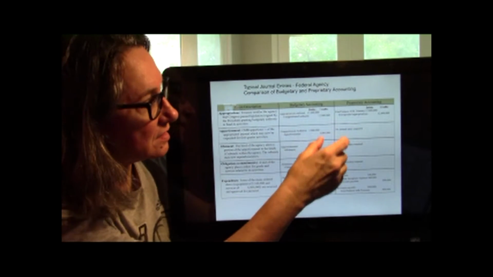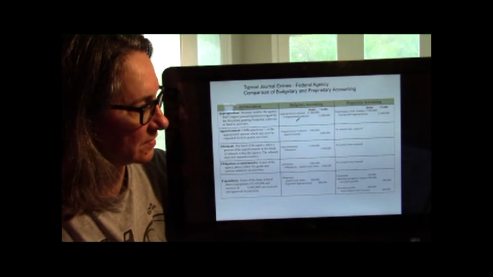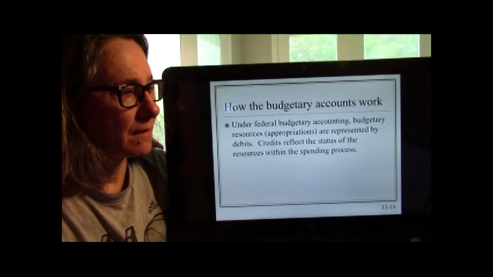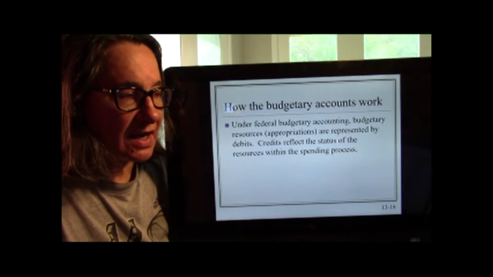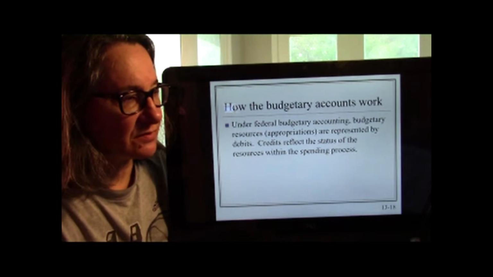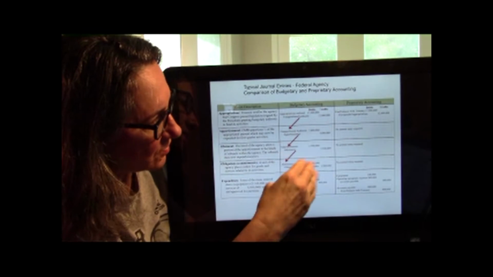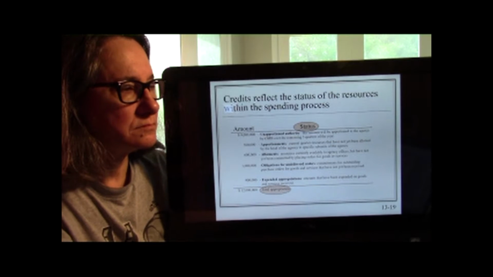And here's how it works within the budgetary accounts, and here's how it works within the proprietary accounts. So, under the federal budgetary accounting, the resources represent debits. Credits reflect the status of the resources within the spending process. So it comes in, and it's credited when you spend it.